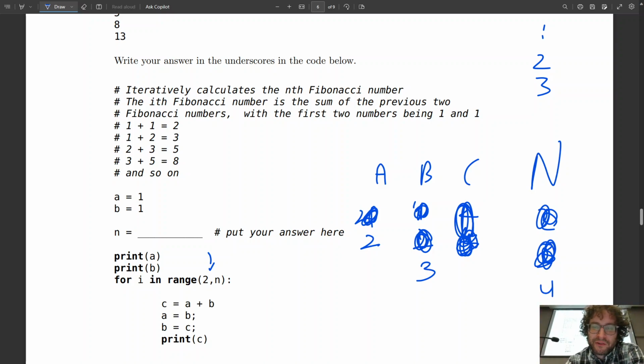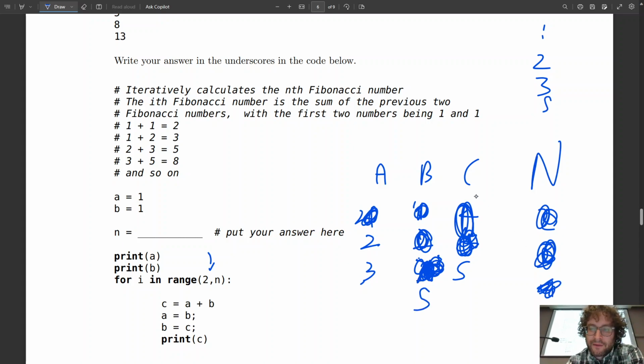C is equal to A plus B, which is 5. A is equal to B, so store 3 in A. Then B is equal to C, store 5 in here, and print out 5.